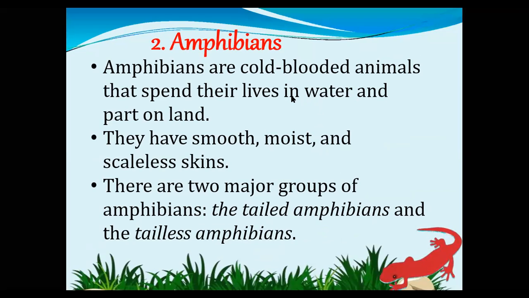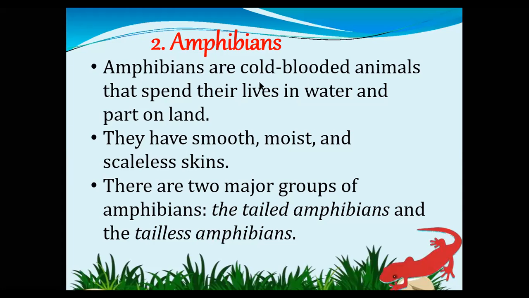They lay eggs in water, and when hatched, the animal jumps onto the land, and the second part of the life cycle is completed on land. Therefore, those type of animals are called amphibians.